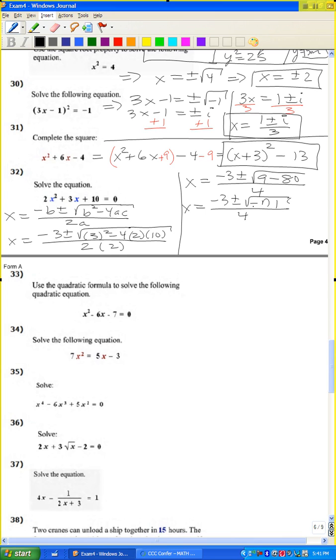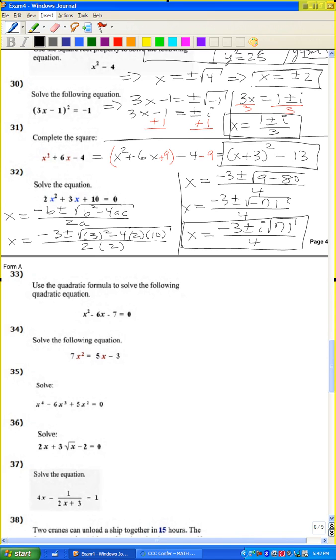The square root of a negative number will just be an i. So x is equal to negative 3 plus or minus i root 71 over 4. And that is your answer.